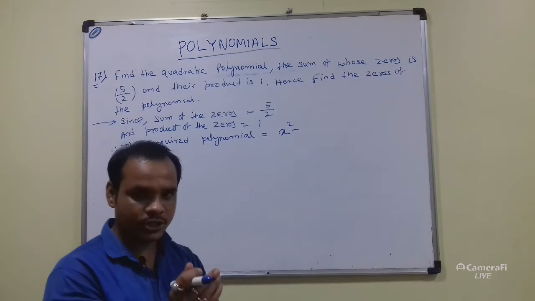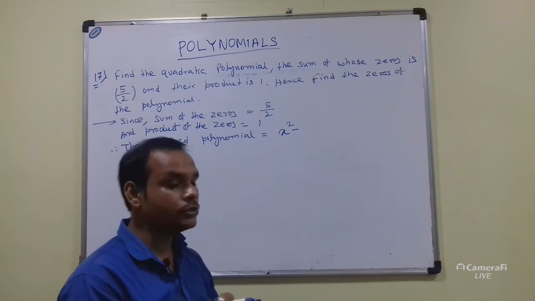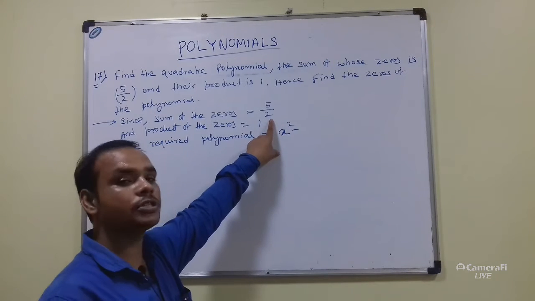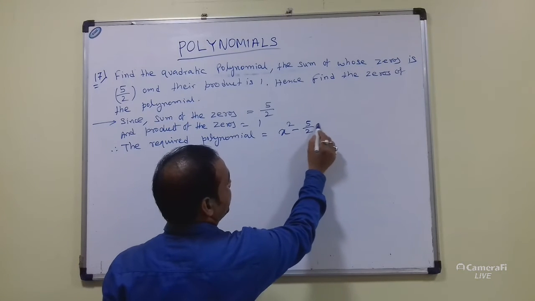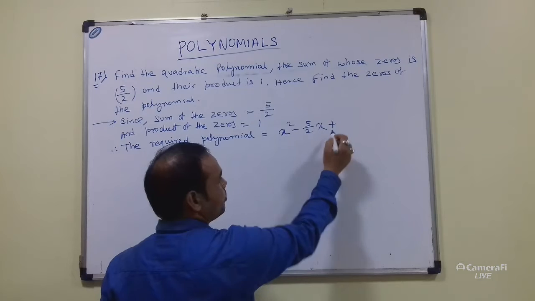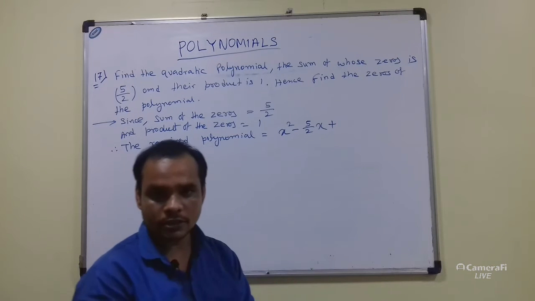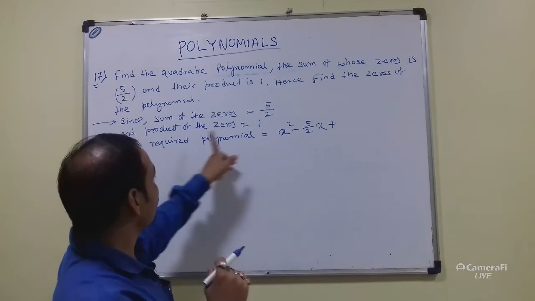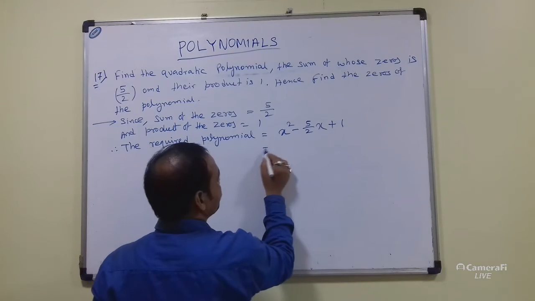If alpha and beta are the zeros, then alpha plus beta means sum of the zeros. So here the sum of the zeros is already given, so we can write 5 by 2 into x, and then plus of alpha beta. Alpha beta what? Alpha beta is the product of the zeros. So the product of the zeros is given that 1, so we can write it is 1.